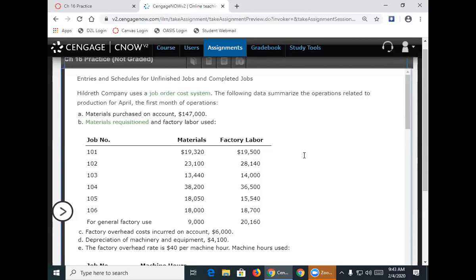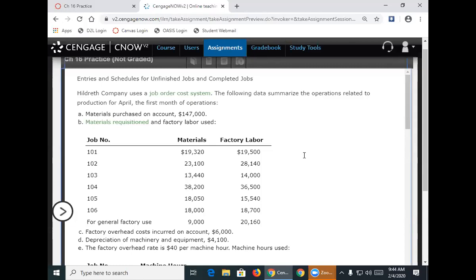Okay. And why did you put it on the credit side? Because this is what we purchased, and this is what was used and put into. That's what requisition is. Yeah. You got it.